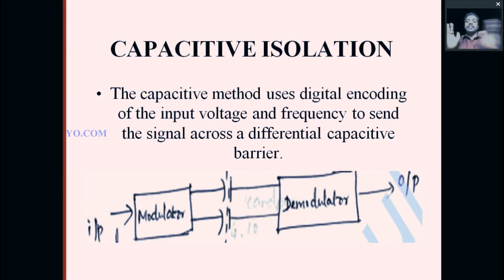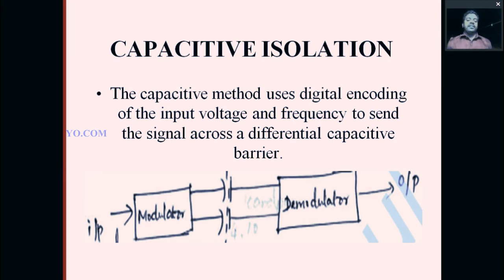So that is a capacitor. The capacitive method uses digital encoding of the input voltage and frequency to send the signal across a differential capacitive barrier. Here the insulating material acts as the barrier, so the capacitor has no physical contact.